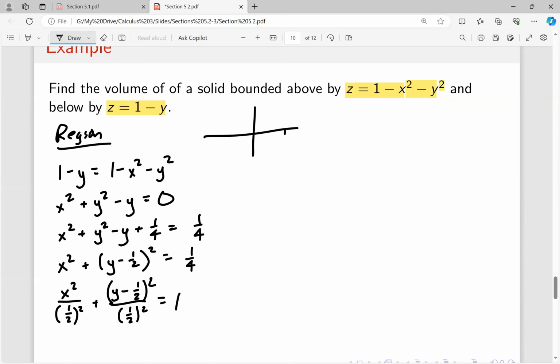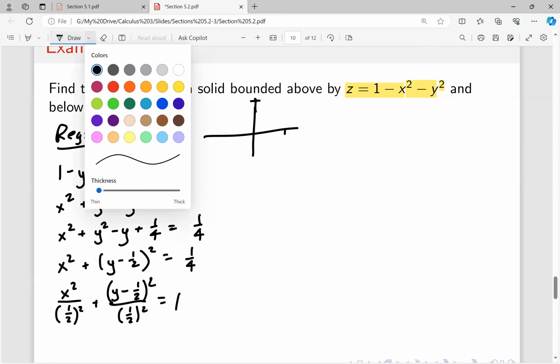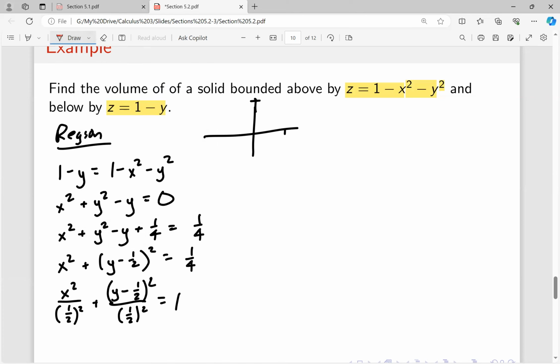So it's centered when x is 0 and y is 1/2, and it has radius 1/2. So this circle right there is where the boundary is.